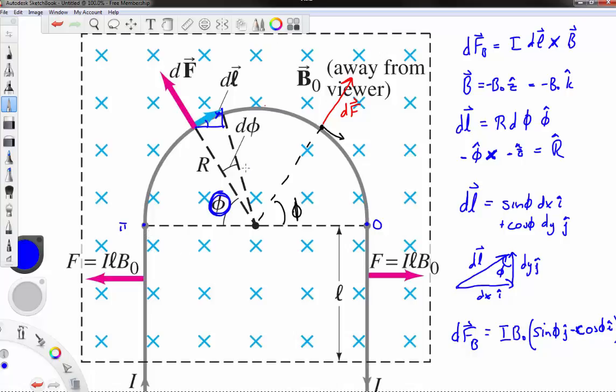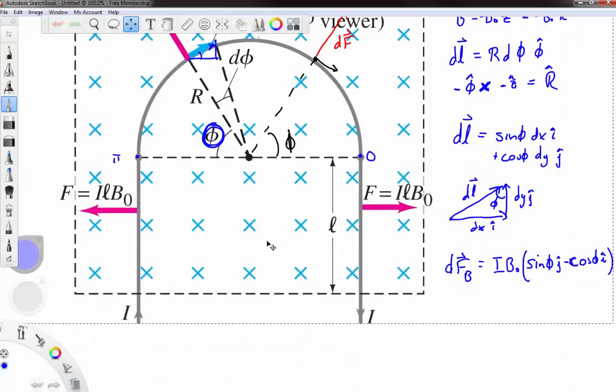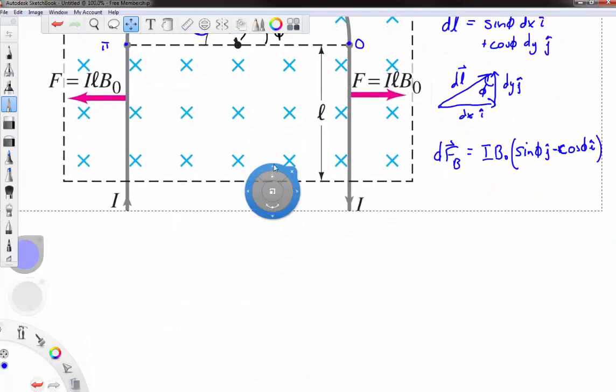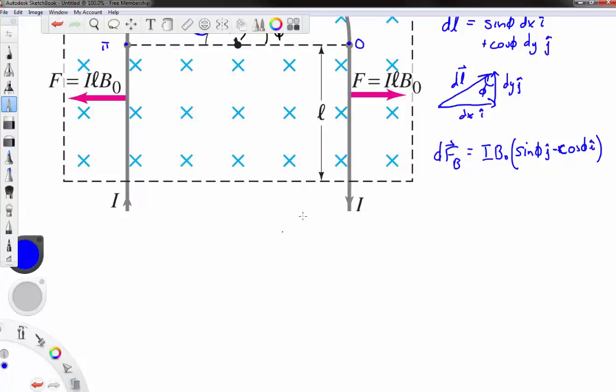So put all of this together, and I've got to move this up to give myself a little bit of space here. We have that the total force is going to be the integral from, let's say, pi to 0 of I times b naught times, remember that there's actually an r that should be in here, or alternatively a dx and a dy.